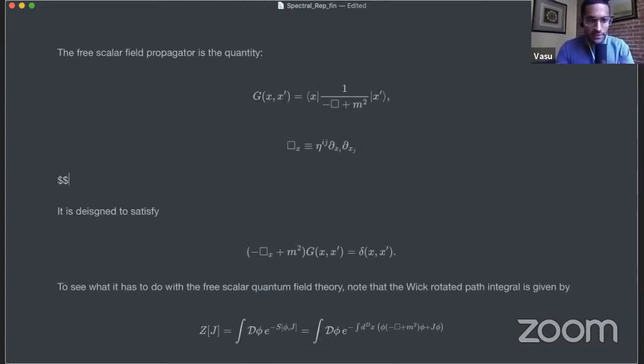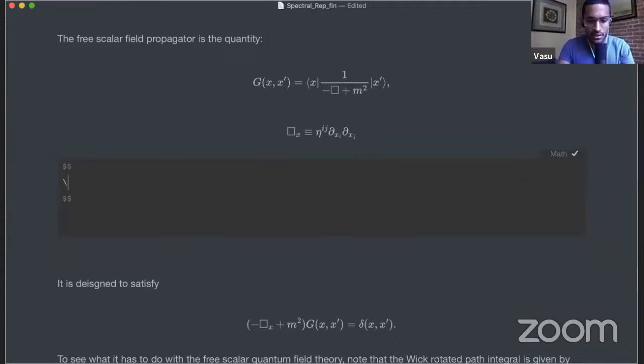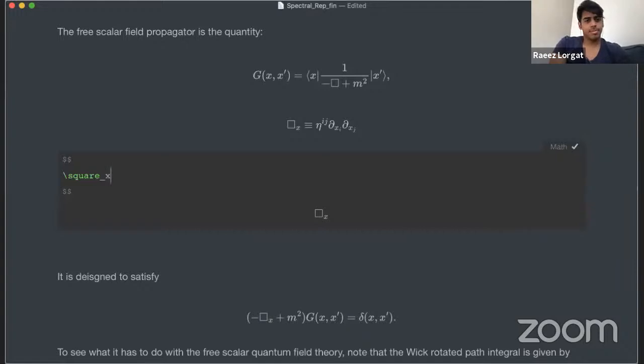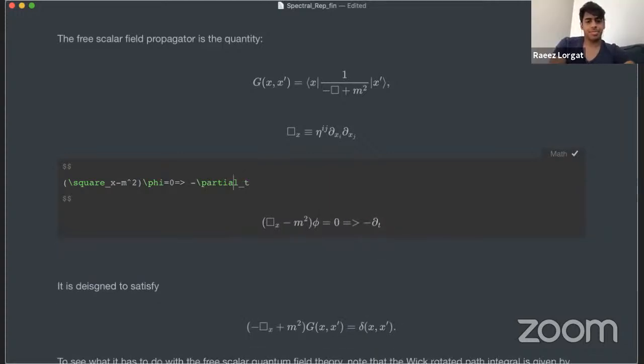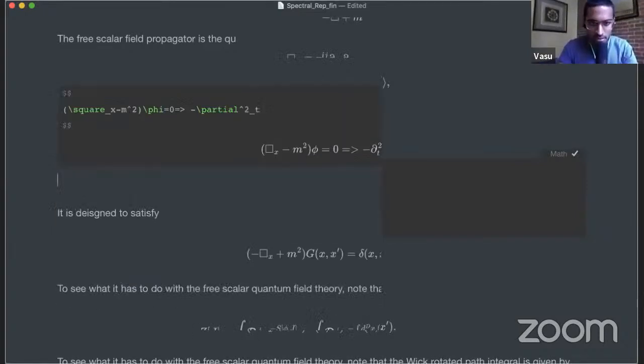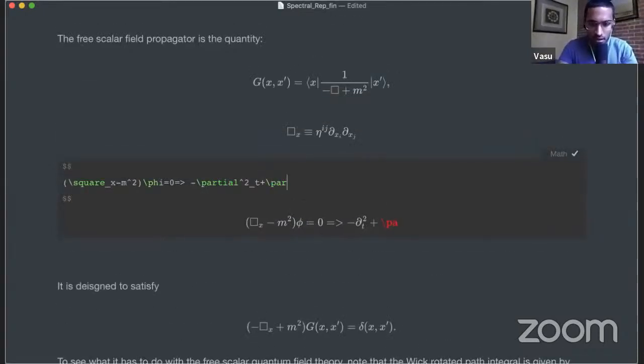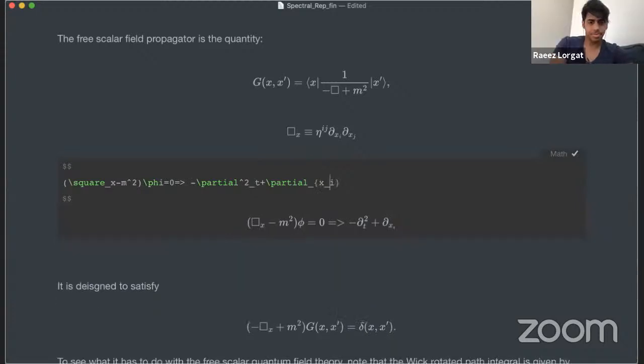Free fields satisfy the following field equation. If I take box sub x minus m squared on phi, this is basically a wave equation for phi, because what it's saying is that when I break it up into its various components, it's the sum of the squared partial derivatives in space minus the squared partial derivative in time.